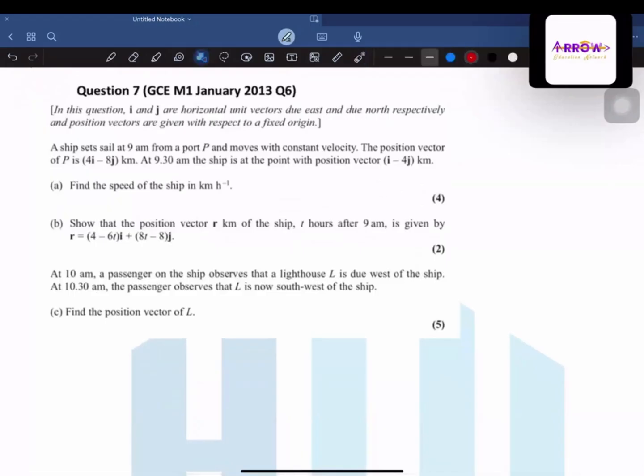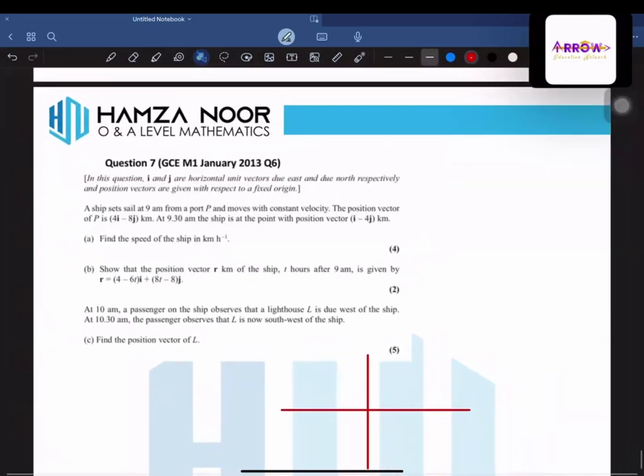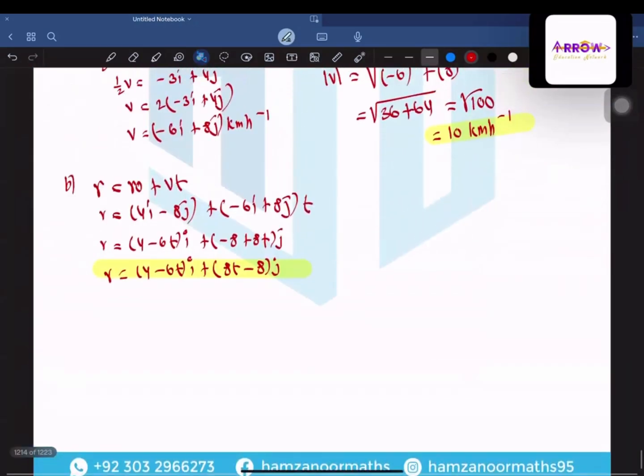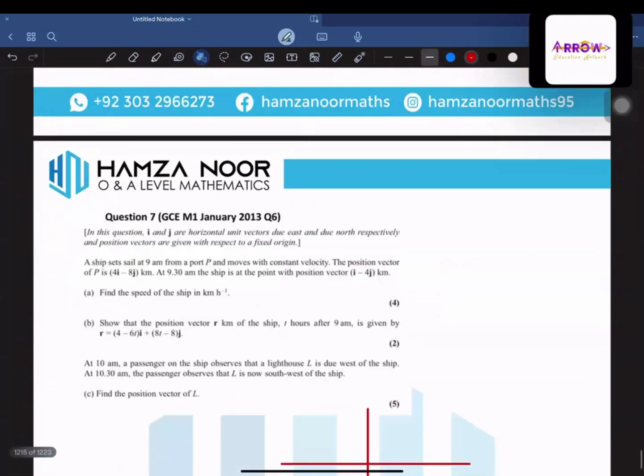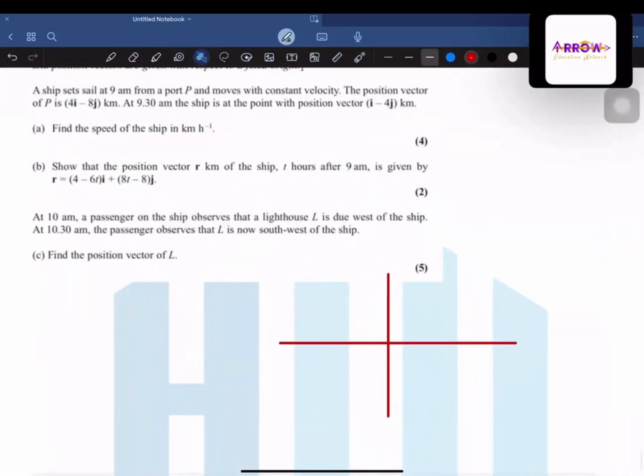If you make an axis, the initial position vector is 4i minus 8j, so 4 comma minus 8 is the initial point, somewhere over here. I'll mark this as the initial position vector, r naught.